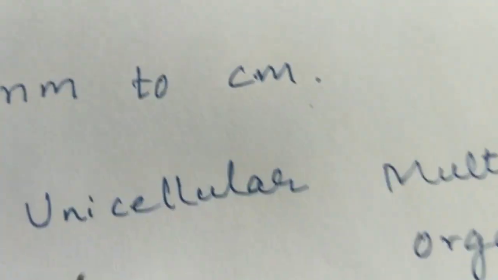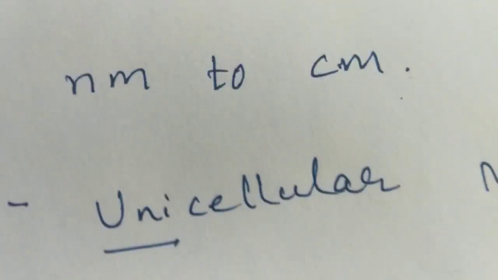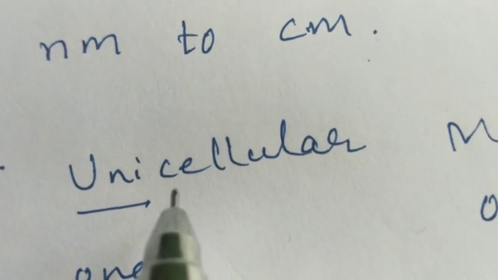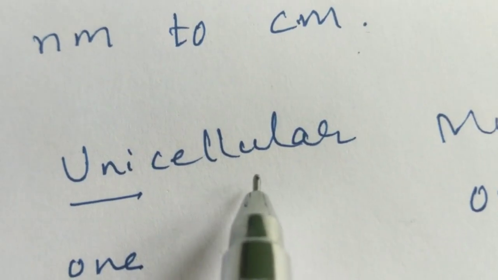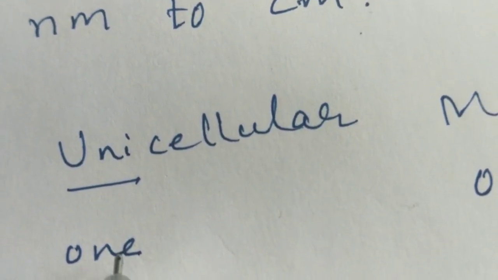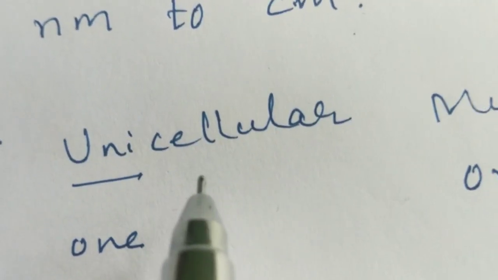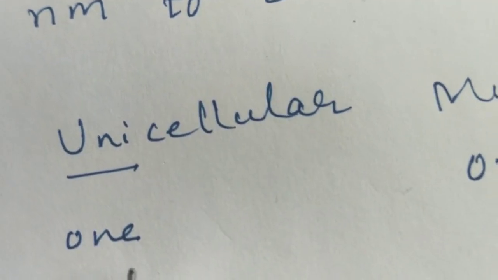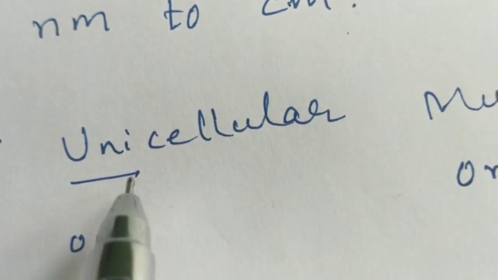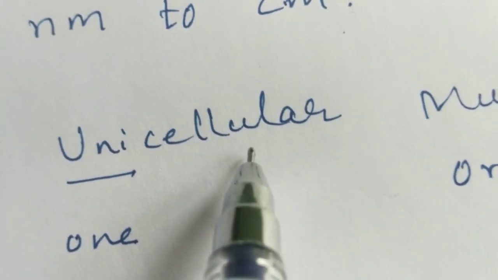As the name indicates, uni refers to one-celled organisms. It means the organism's body contains only one cell in it. The single-celled organisms perform all the life activities with the help of the single cell. So, such organisms are unicellular organisms.